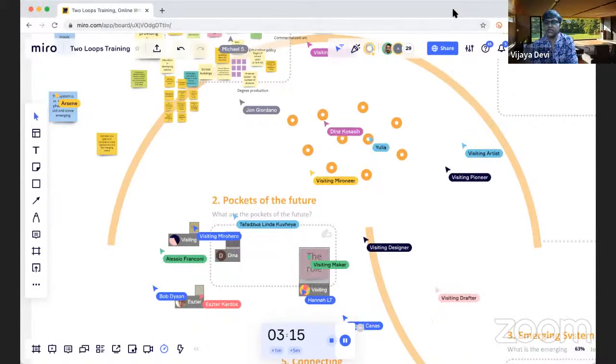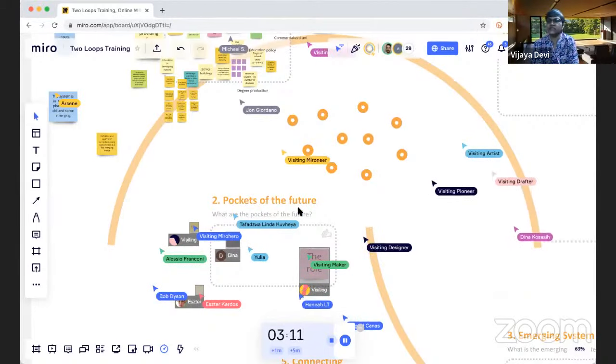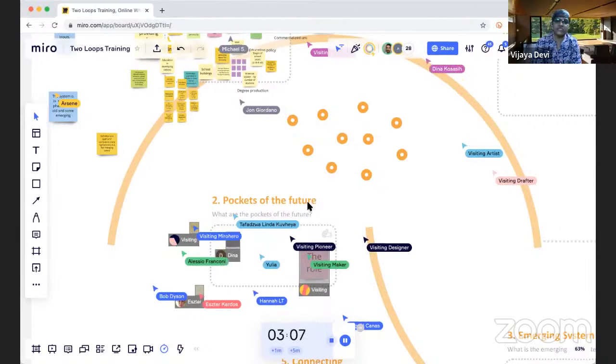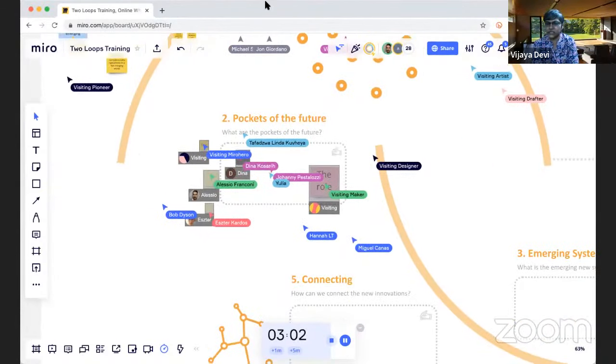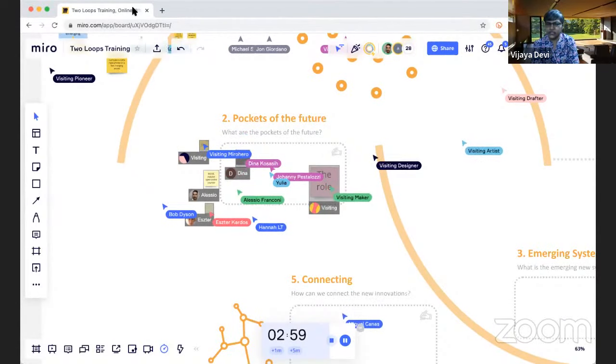Or sometimes these innovators are able to foresee the decline of the current system. So please grab your stickies and post here about how these new alternatives look like. So that could potentially be challenges to the existing paradigm.